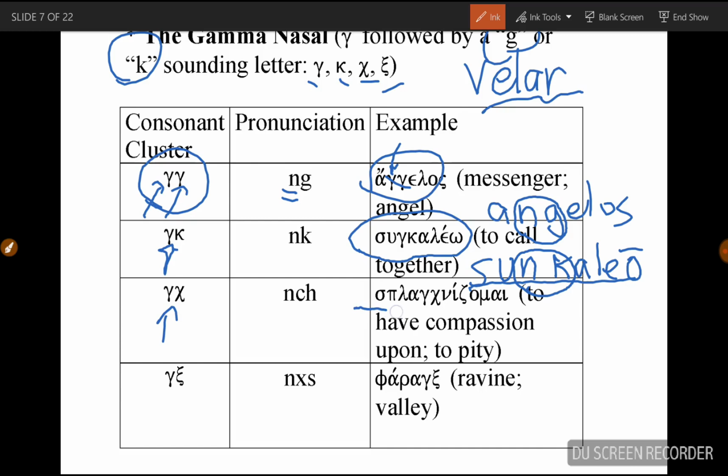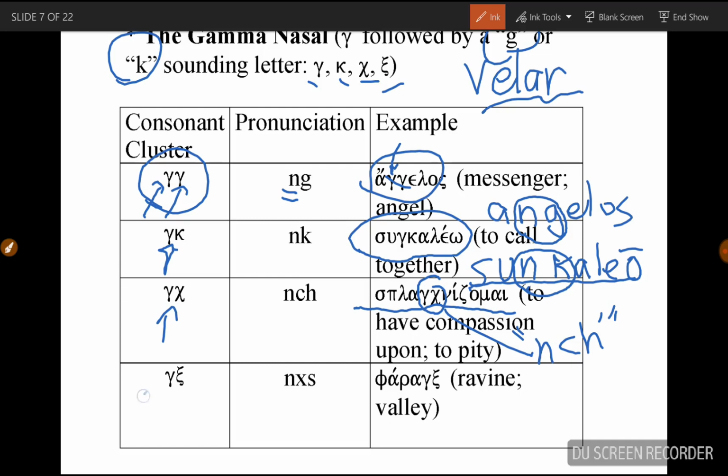So this is one of my favorite words because it's such a tongue twister. If you want a good word that's hard to pronounce in Greek, this is splonknizomai. So this right here, that's an NCH sound. All right, nunk. So you wouldn't say splaghnizomai. You would say splonknizomai.